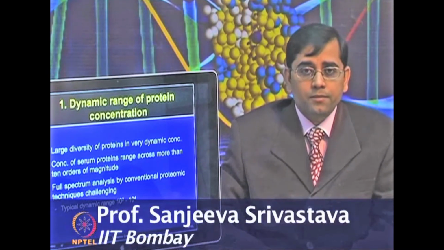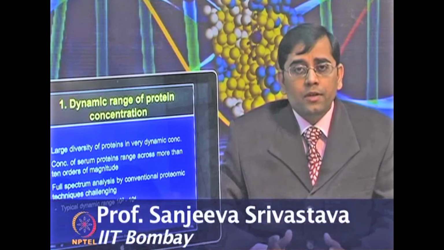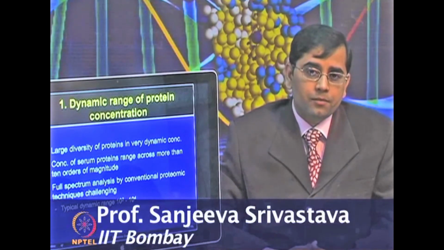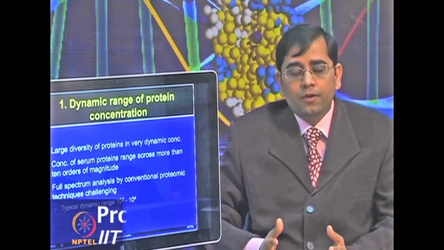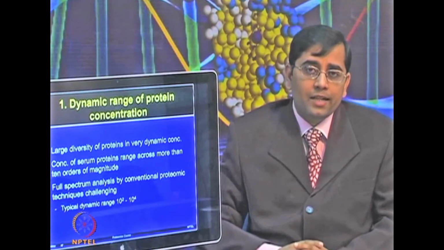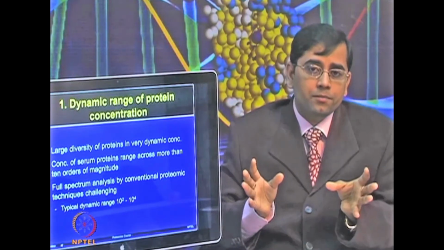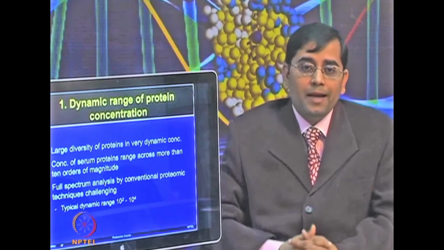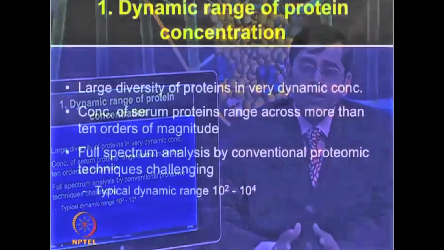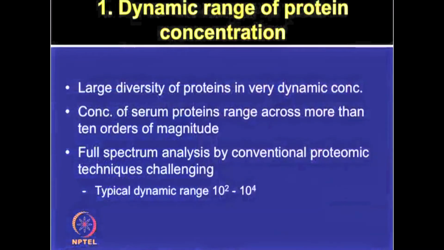The first point, the dynamic range of the protein concentration. In serum, there is a large diversity of proteins which provide a very dynamic environment of almost 10 to the power 10 magnitude. So, the concentration of serum proteins ranges over more than 10 orders of magnitude.